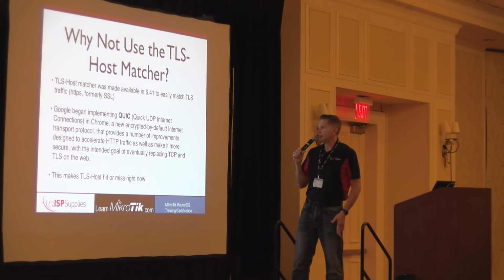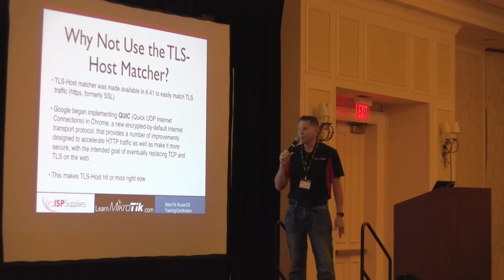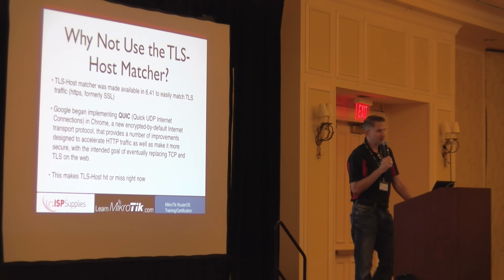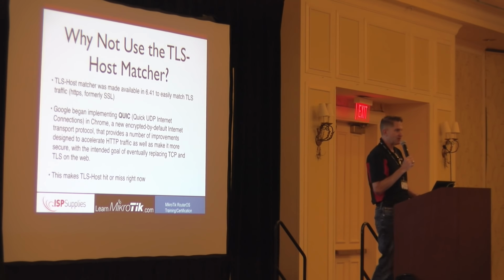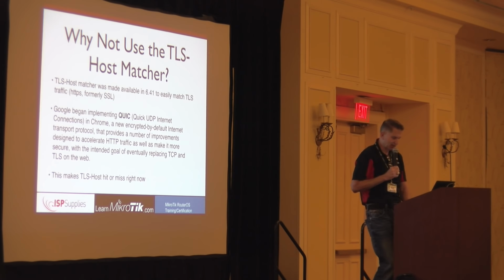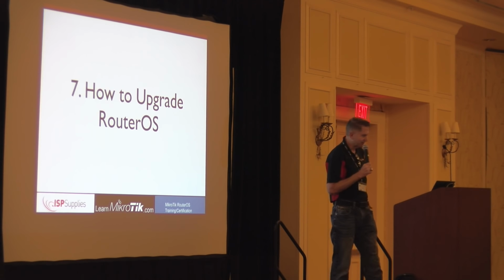And basically what it does is use UDP in order to accelerate your web browsing session. The problem is that the TLS host command does not see that traffic. So until there's a way to figure that out and match that traffic, the TLS host can be kind of hit or miss. And I applaud Ty for finding that out for me as well.